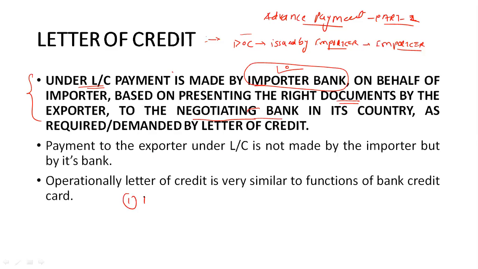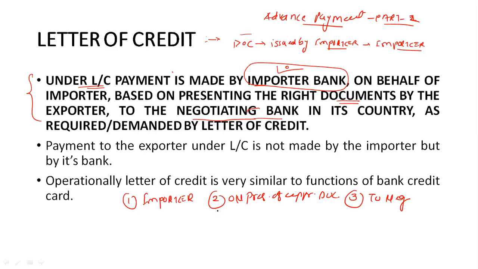So there are 3 points. First, the importer's bank is going to pay you. Second, on presentation of appropriate documents. And the third condition is to whom they are going to pay: to the negotiating bank.